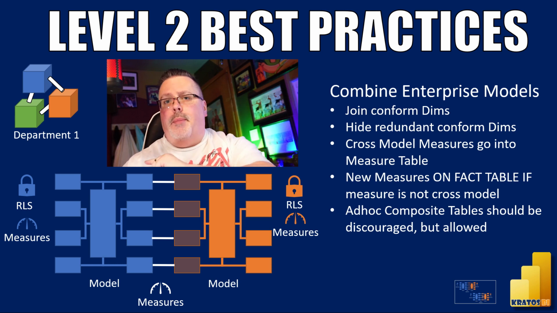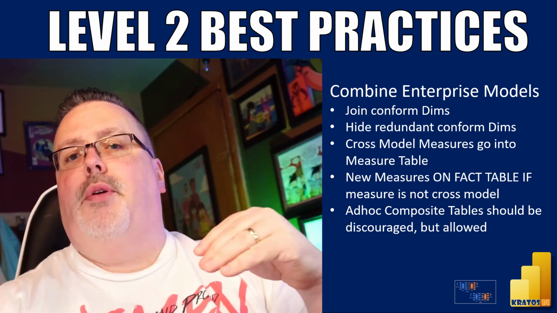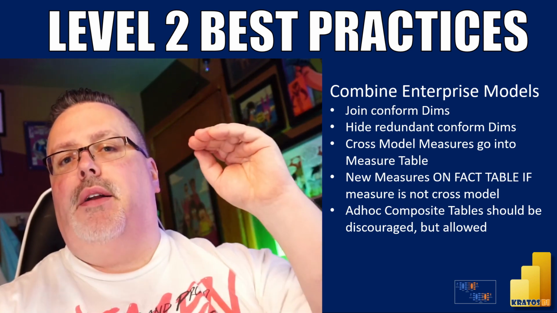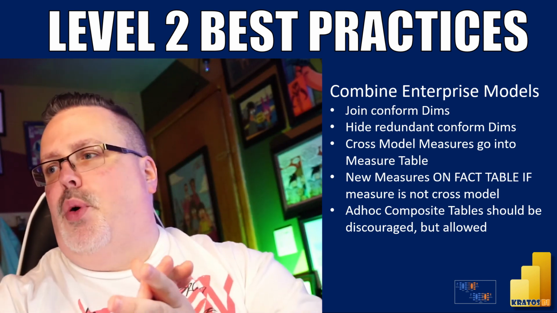So any measure is going to be on the fact table that we bring them together. Now, if you end up needing to do cross model measures, here's where you create a measure table inside of your composite model and you put those measures in, okay? That's really important to do.